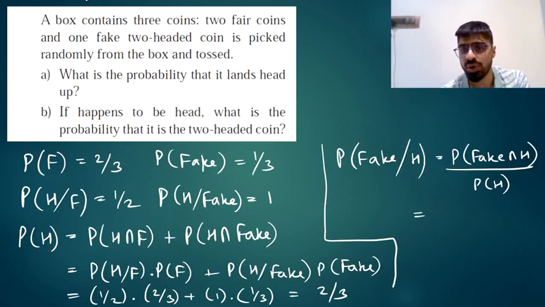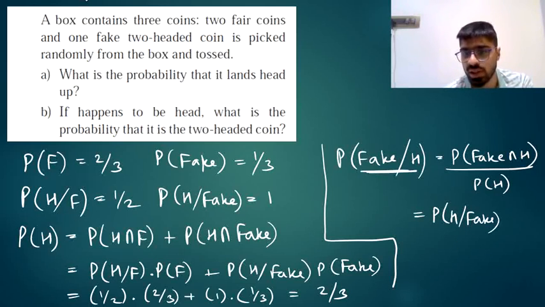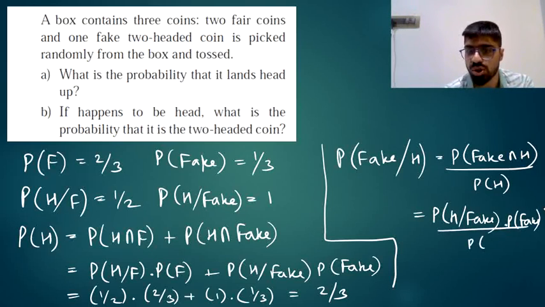Okay, and in the numerator you will have P of fake intersection H written as P of H intersection fake. Basically you need to write the reverse of this. So P of H intersection fake into P of fake divided by P of H.